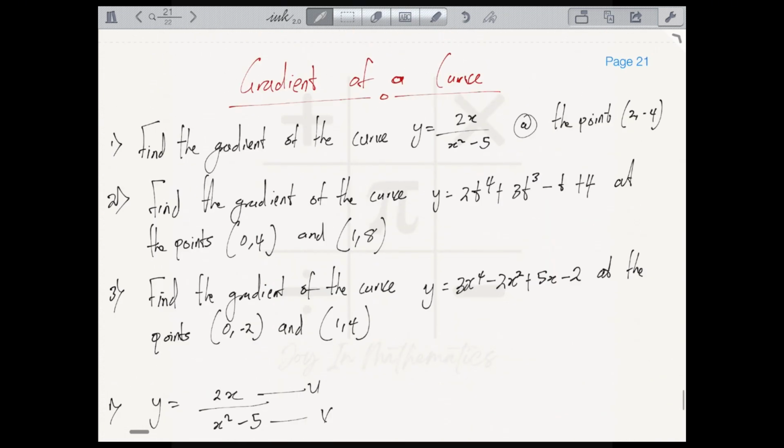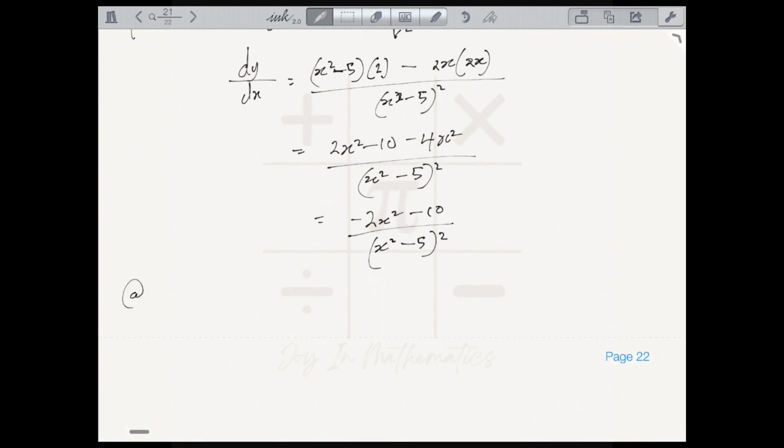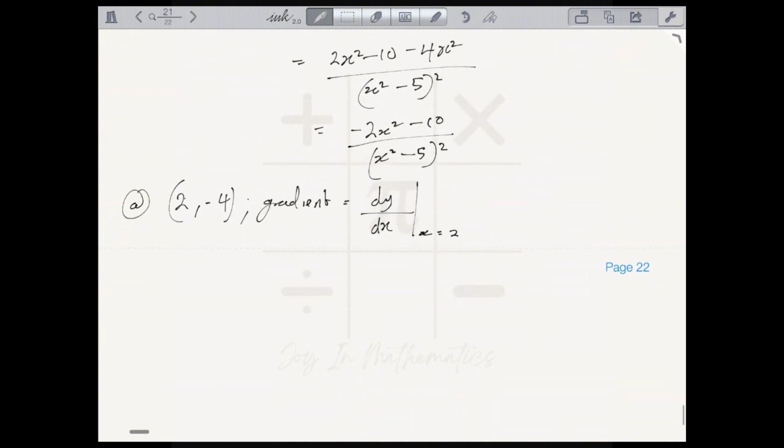Now we are asked to find the gradient of the curve at the point 2, minus 4. That means we are looking for the gradient, which is dy/dx at x equals 2. So wherever we see x, we will substitute 2.